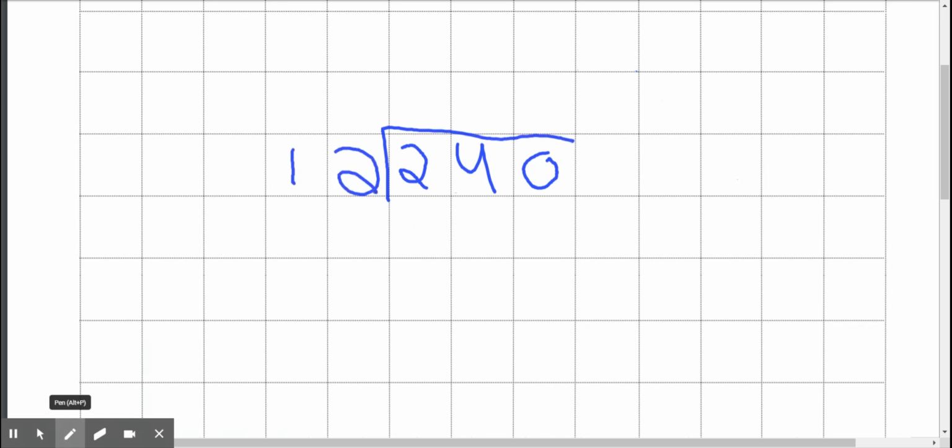Once again, I'm using grid paper because grid paper helps us line up our numbers correctly and make sure we do what we've got to do.